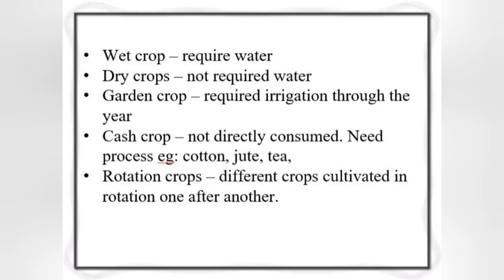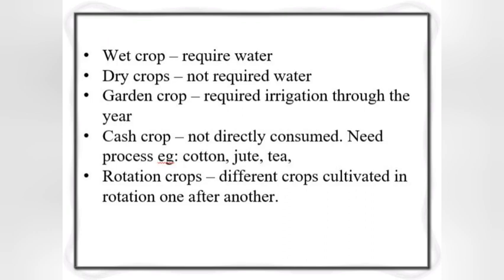Next is the cash crop. A cash crop has a higher market value, and usually non-food crops are called cash crops. For example, cotton is not edible, so it is not a food crop.